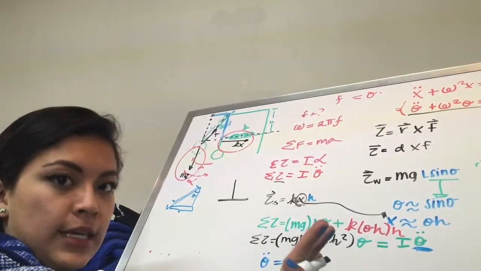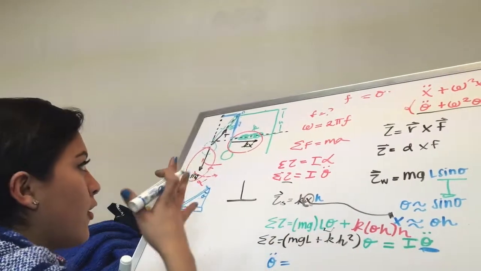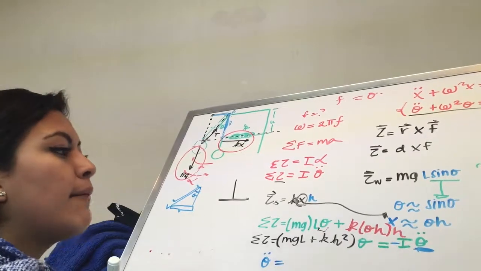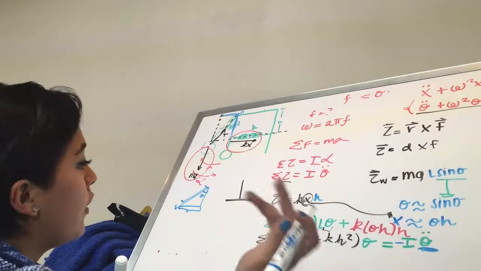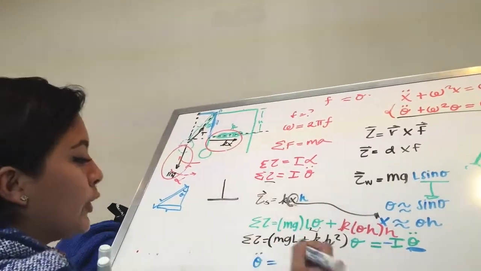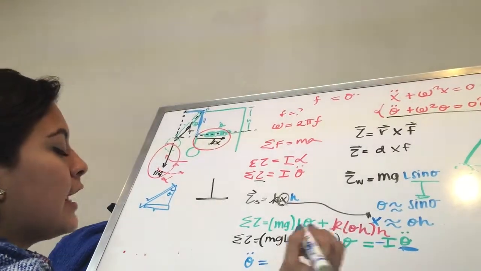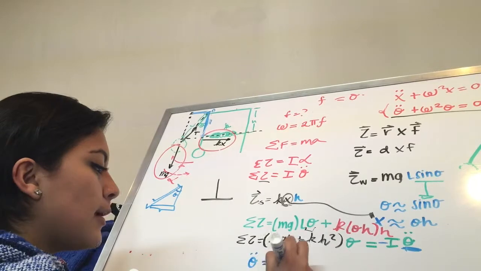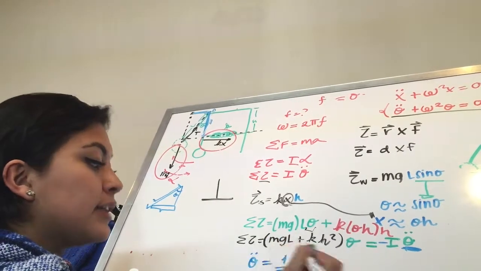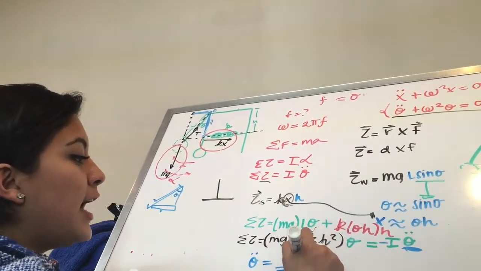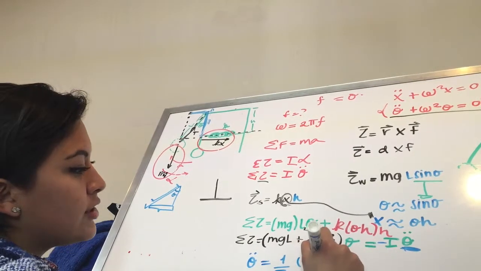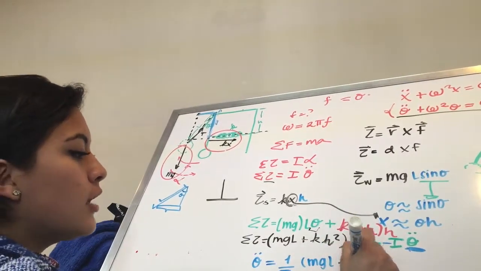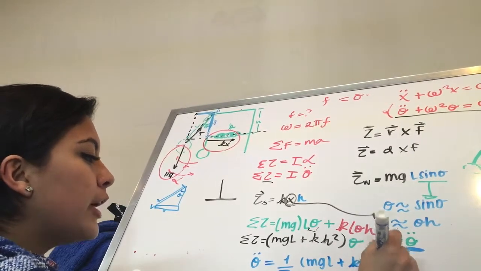This will be a negative movement, or it will go to the other side, so we are going to add here a minus sign as it's moving to the other side. So we're going to obtain that is equal 1 over the inertia, negative, remember, times the mass times gravity times the distance L plus the constant plus the h squared.